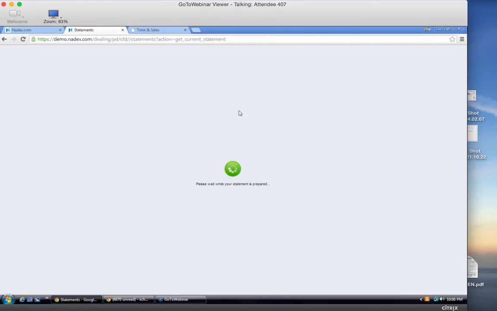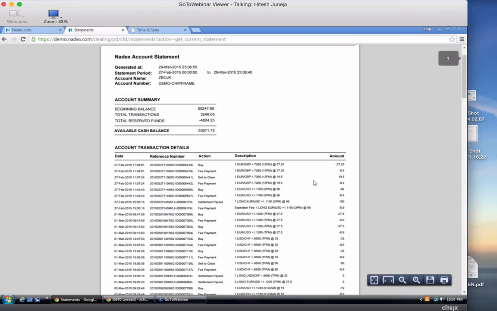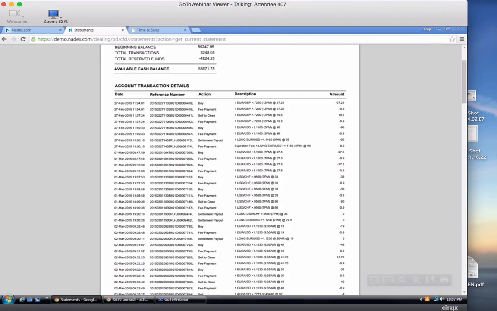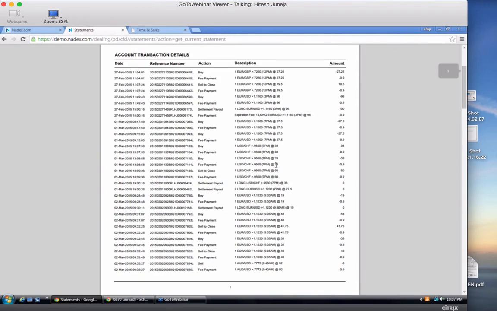It might not be doing it because I'm in the GoToMeeting thing. Yeah, usually though you see that in the order history as well. I'm not sure why it didn't pop up this time.